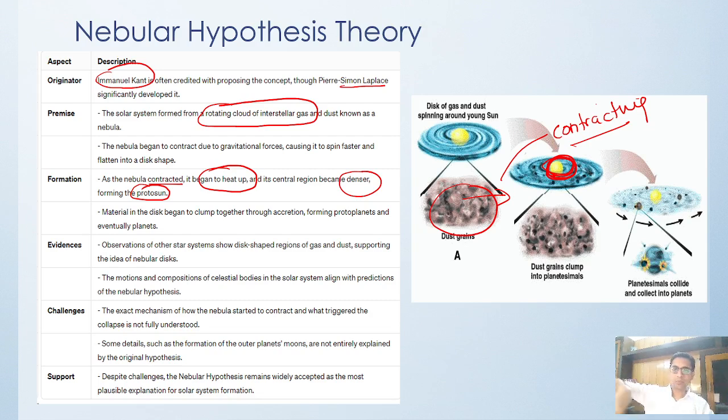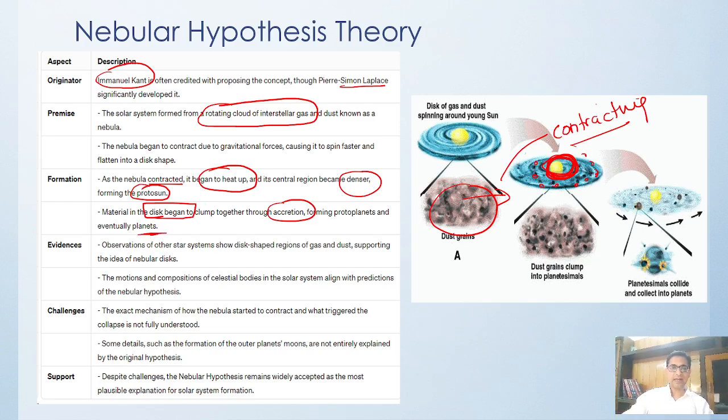And around this proto-sun, a disk has been created because of the accretion. You can see here this proto-sun is getting created, and outside, the black points you can see, right? This is other material which again forms a disk-like pattern, and this gets converted into the planets. People ask what the evidence is that this has already happened.